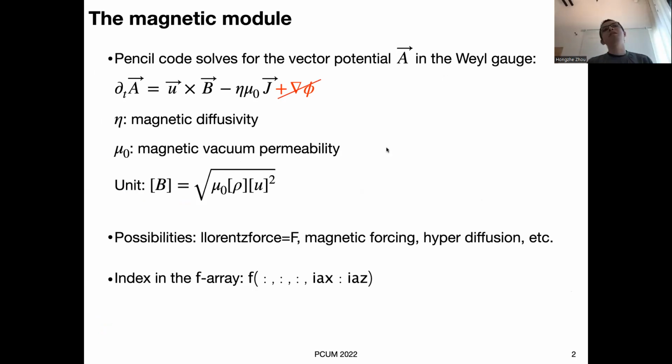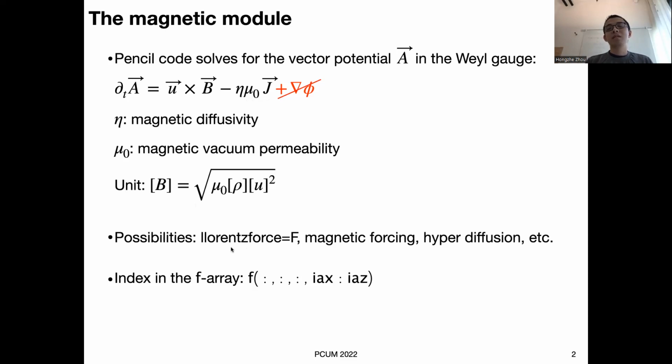The equation to be solved is in the Weyl gauge, which means the scalar potential phi is taken to be zero. So you just solve, where B is the curl of A, and mu zero times J is the curl of B. The unit of the magnetic field is basically in the Alfven unit.